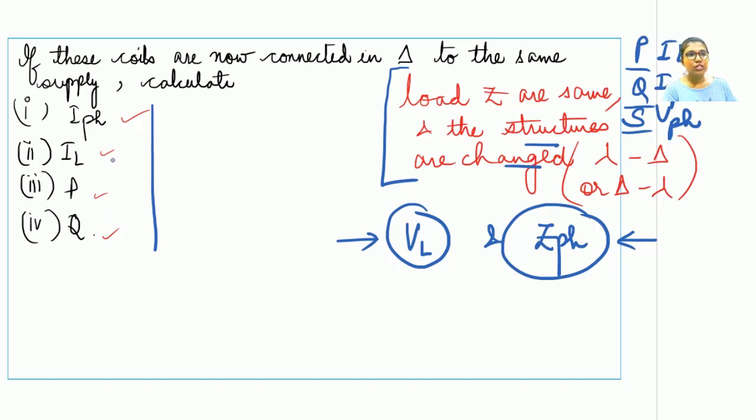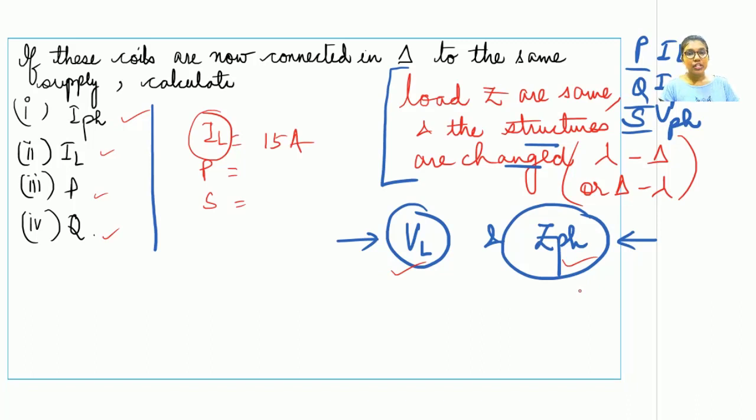And in fact, for this question, the values of IL is given to us, P is given to us, S is given to us. Do not use the value of IL, which is given as 15 amps, straight away for a delta connection as 15 amps. You cannot do that. The only two values that we can use from our above analysis are the values of VL and the Z phase.